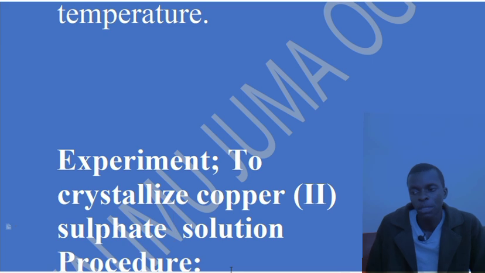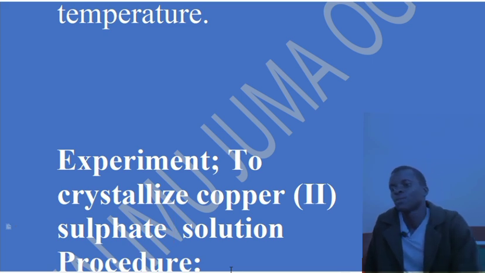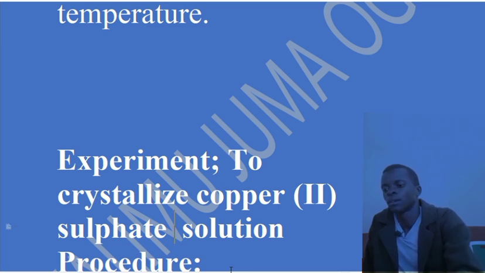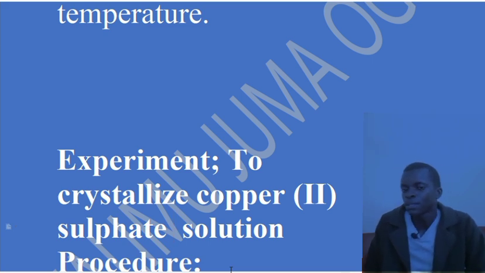So we are placing about 1 spatula full of copper 2 sulfate crystals into 200 cubic centimeters of distilled water in a beaker.